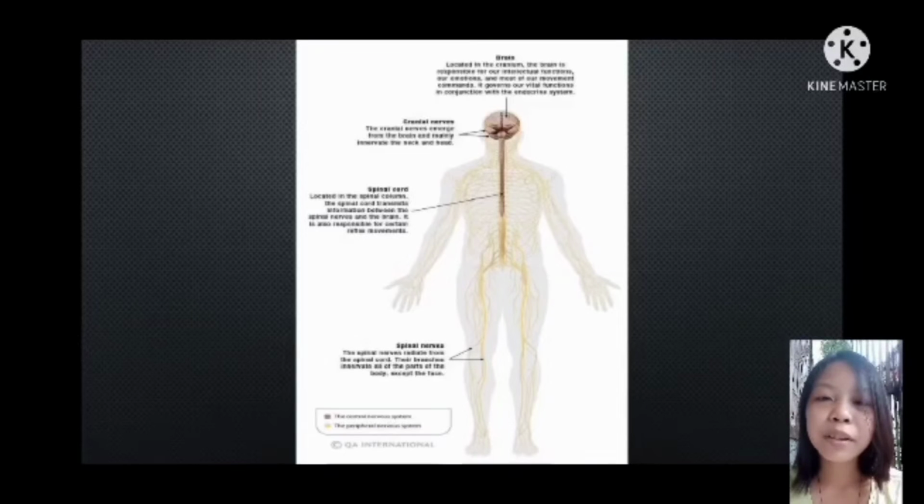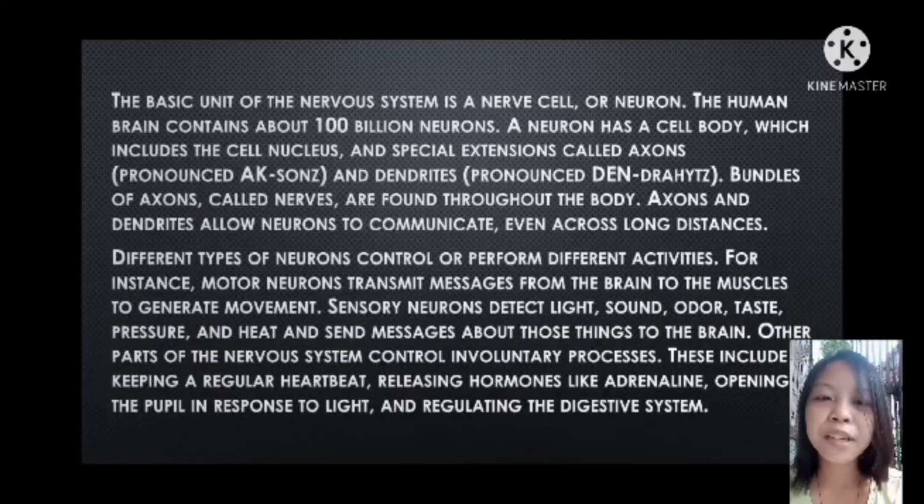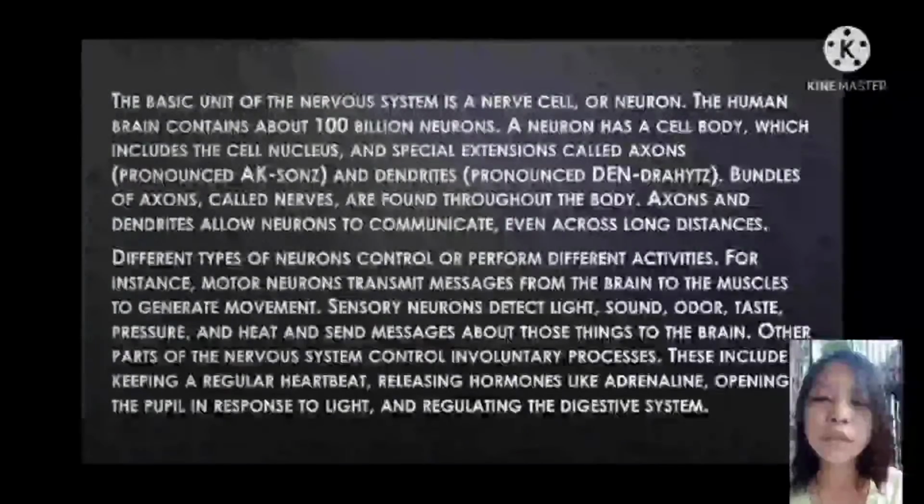The basic unit of the nervous system is a nerve cell or neuron. The human brain contains about 100 billion neurons. A neuron has a cell body which includes the cell nucleus and special extensions called axons and dendrites. Bundles of axons called nerves are found throughout the body.